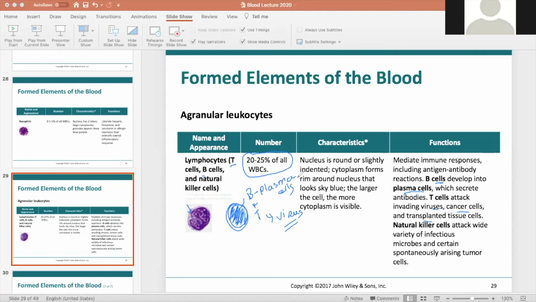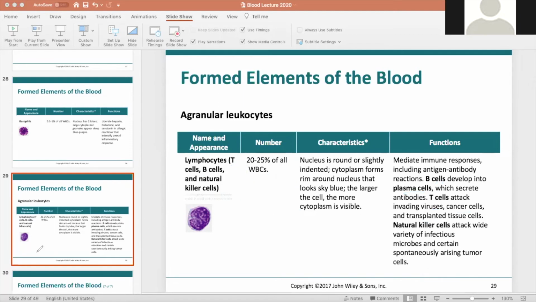We'll come back to that in our next lecture and talk a little bit about the role here and how important this is. For right now, we're just going to identify, and then we'll come back and talk a lot about that within our immunity chapter.